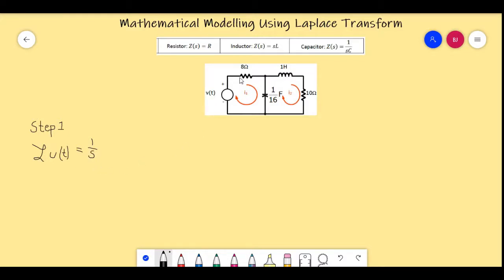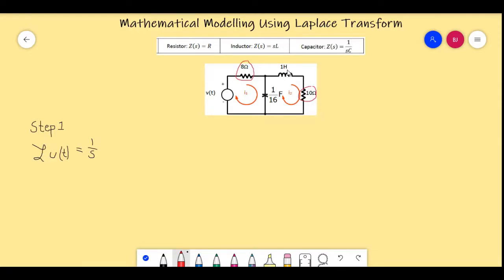Next, if we're going to convert the impedance for resistors, that shouldn't be a problem because it would be retained as is. So this 8 ohms and 10 ohms would still be the same.